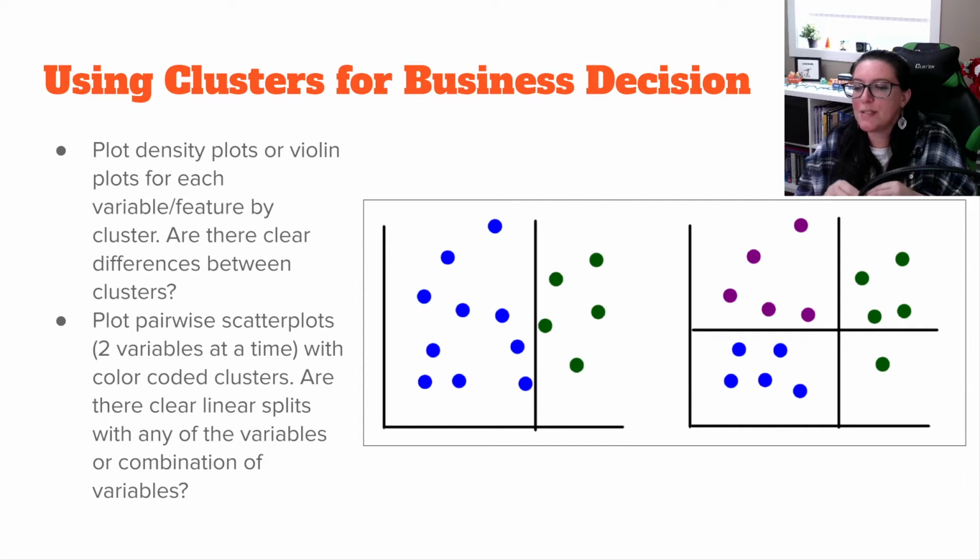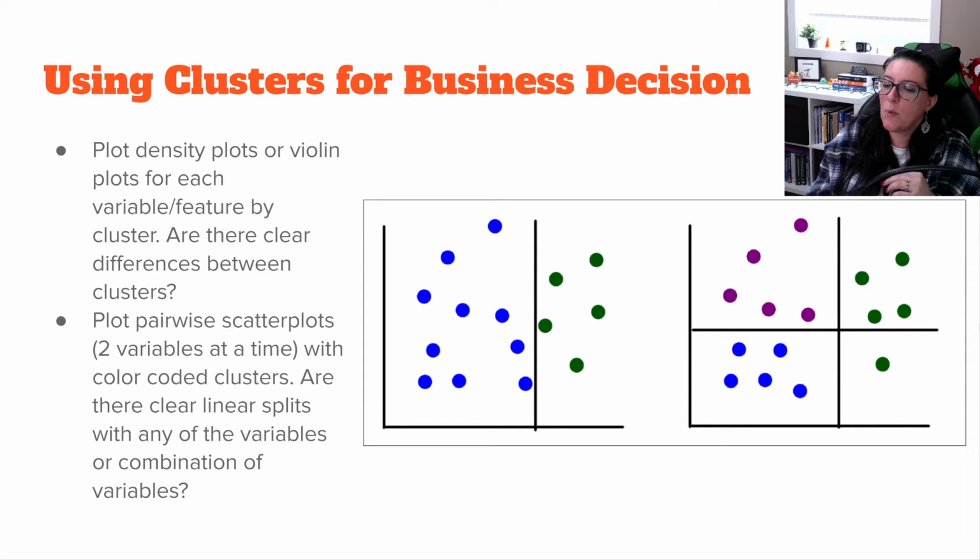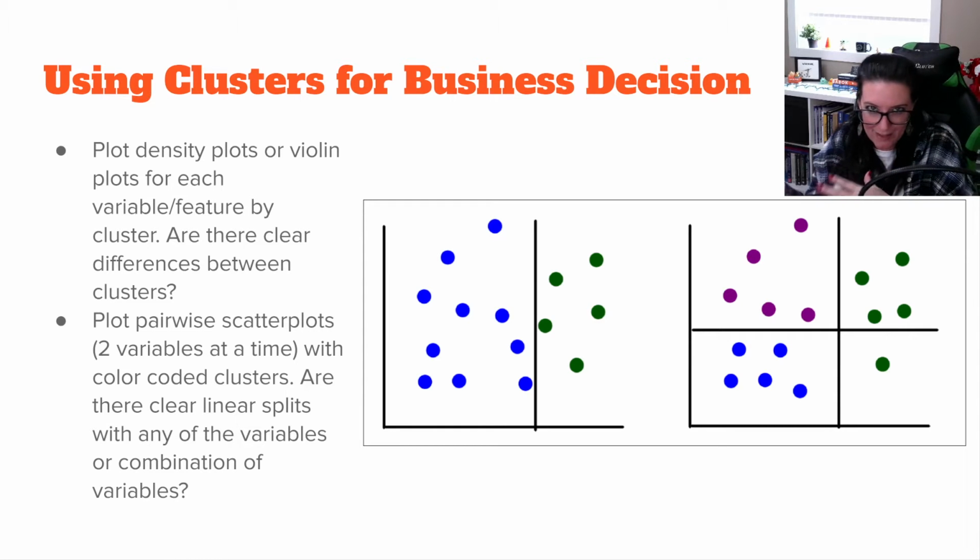So what you're trying to do is find the best variables to identify clusters and then look for easy ways to define that separation, those ones that have a clear difference, so that we can make a very simple business rule, a very simple decision process that says, if this, then do this, if that, then do that. So we're trying to simplify it down.